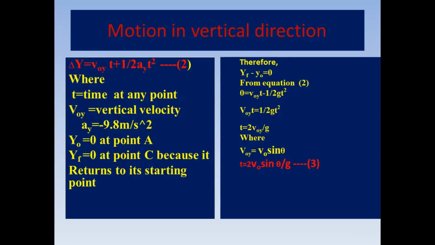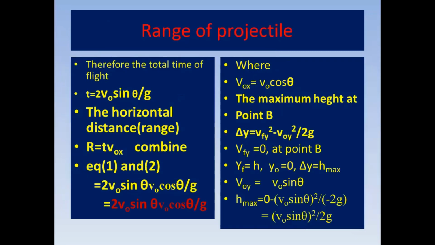When it strikes that point, this is the time of flight, or the time in the air. The time ascending and the time descending are each half of the time of flight. Therefore, the total time of flight equals 2 times v0 sine theta over g.